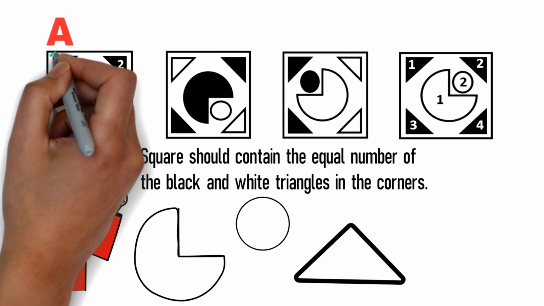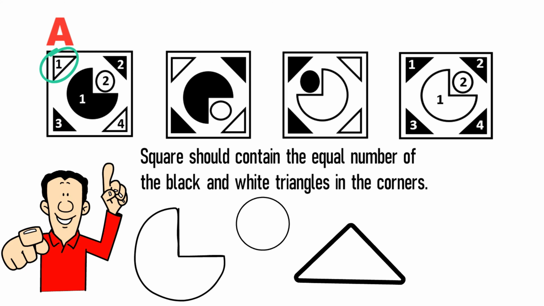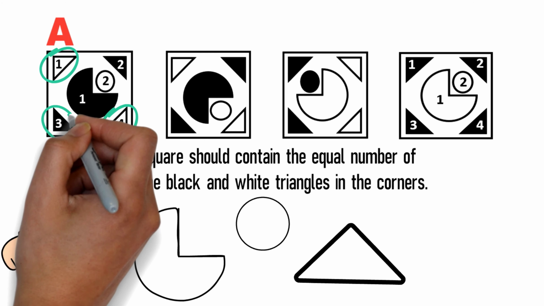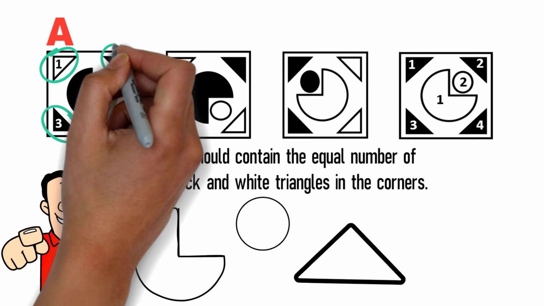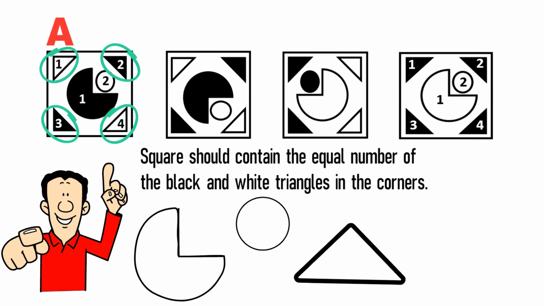White triangles are located in the upper left corner and in the bottom right corner, and black triangles are located in the bottom left corner and in the upper right corner. You can see that the same pattern exists in shape B, 2 white triangles and then 2 black triangles, and in shape C, 2 black triangles on the left and 2 white triangles on the right. But if we look at choice D, you see that there are 4 black triangles in the corners.